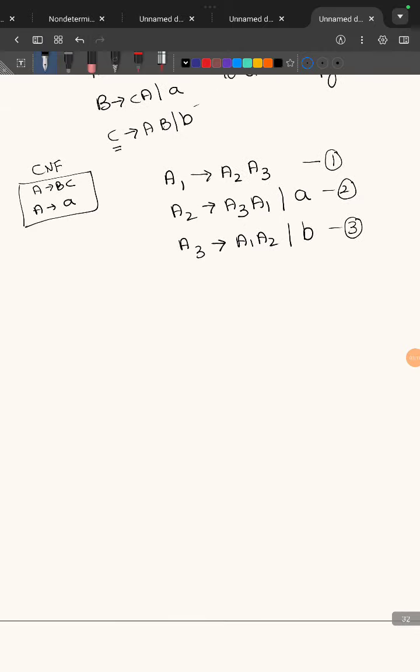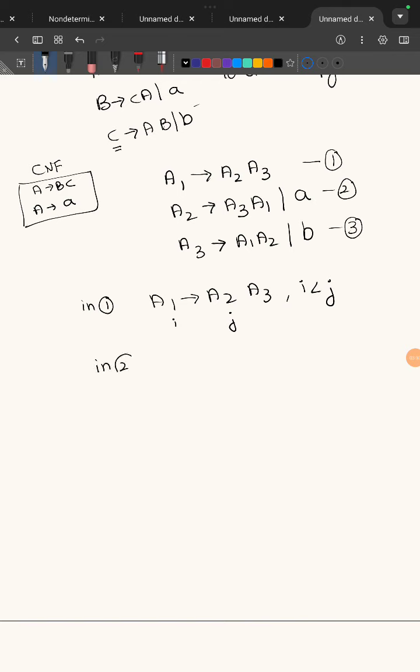In equation 1, that is A1 derives A2, A3, we will name this as I and this as J. Everywhere we will check the relationship between I and J. Here I is less than J, so we will not disturb the given production; it will be as it is. We will move on to the next production.